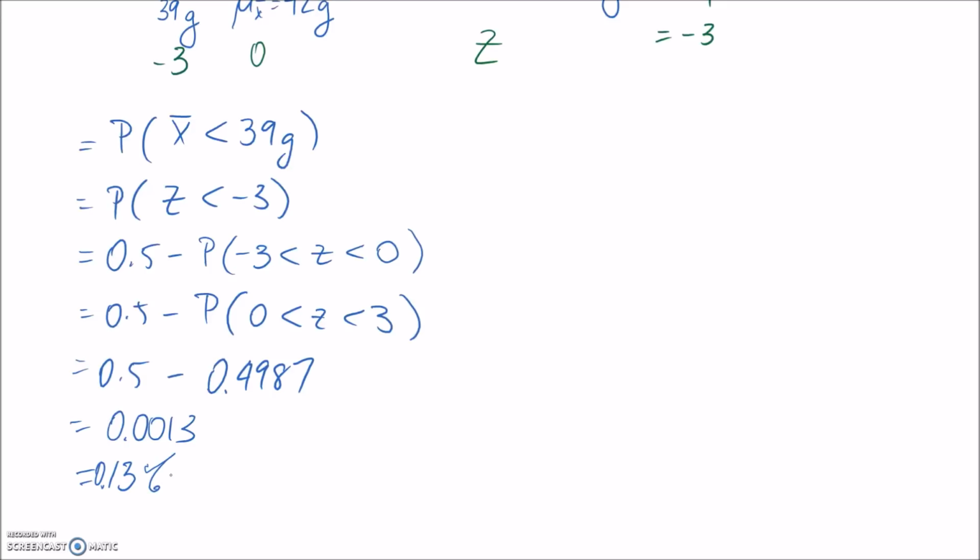So I would say that this is a very, very small chance of getting 4 bags which are less than 39 grams. So if this actually happened, what I'd say is that the claim by Mars is very unlikely, remembering that their claim was that their bags are actually distributed around 42.